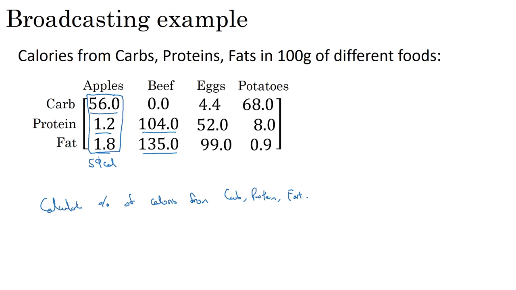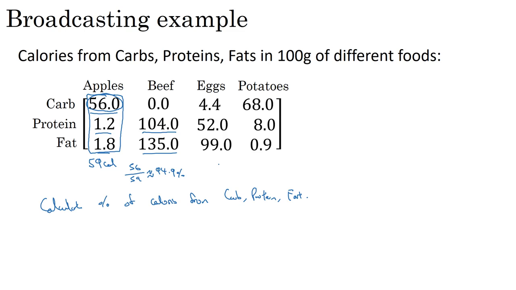And so as a percentage, the percentage of calories from carbohydrates in an apple would be 56 over 59, that's about 94.9%. So most of the calories in an apple come from carbs, whereas in contrast, most of the calories of beef come from protein and fat, and so on.